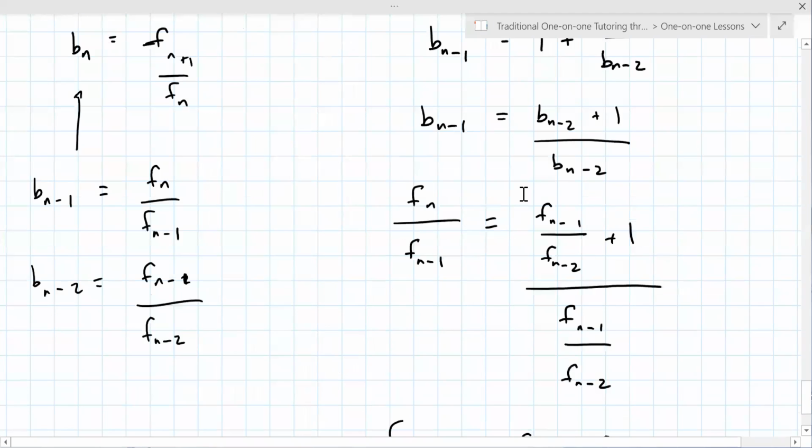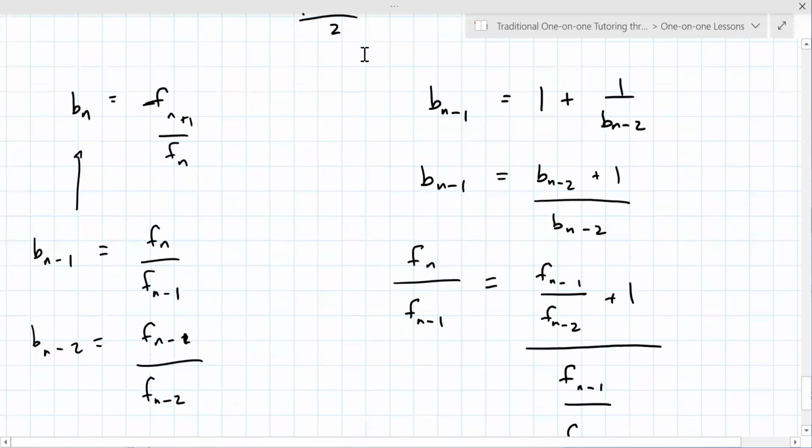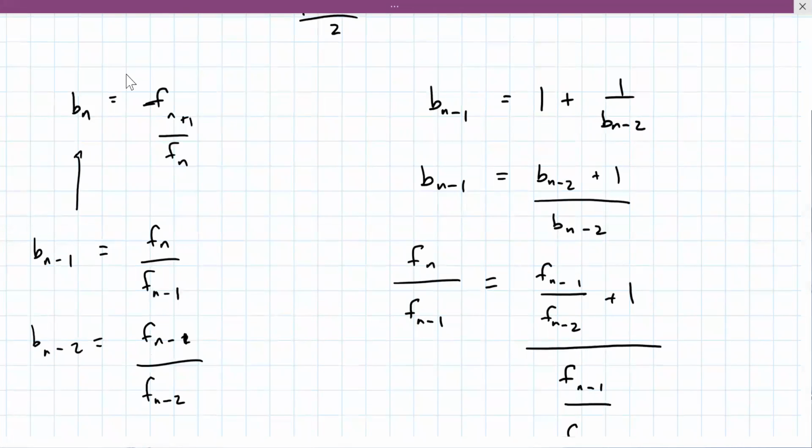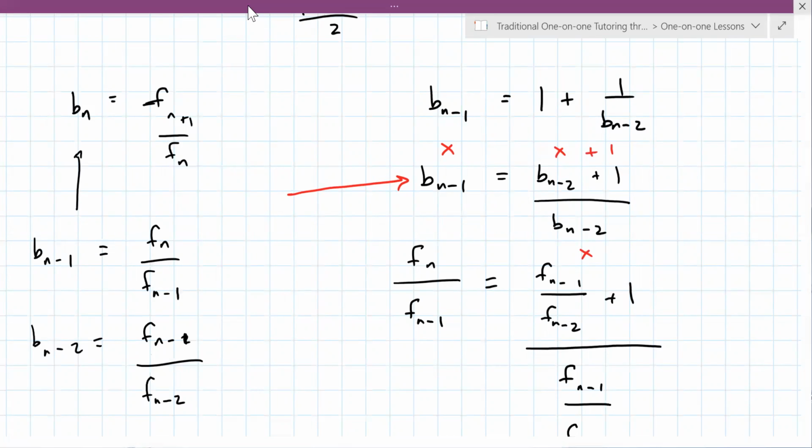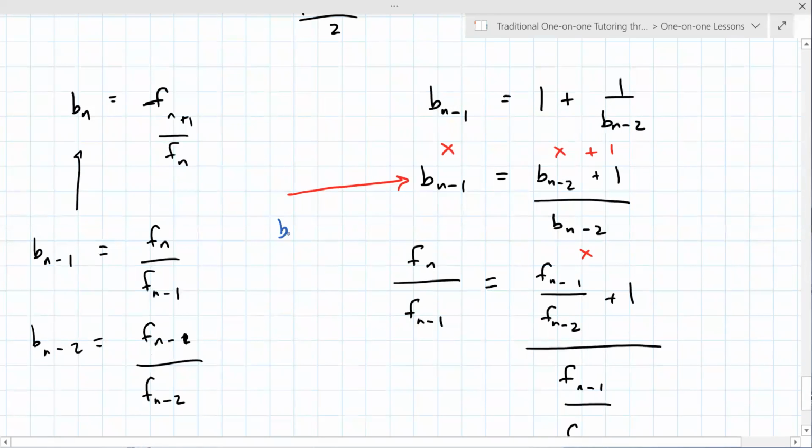So the only thing I could suggest is maybe, I don't think this is right, but from this red line right here, this line gives us what I needed, that whole x plus 1 over x. You'd have to convince yourself that b_{n-1} is really equal to b_{n-2}, which isn't true at all.